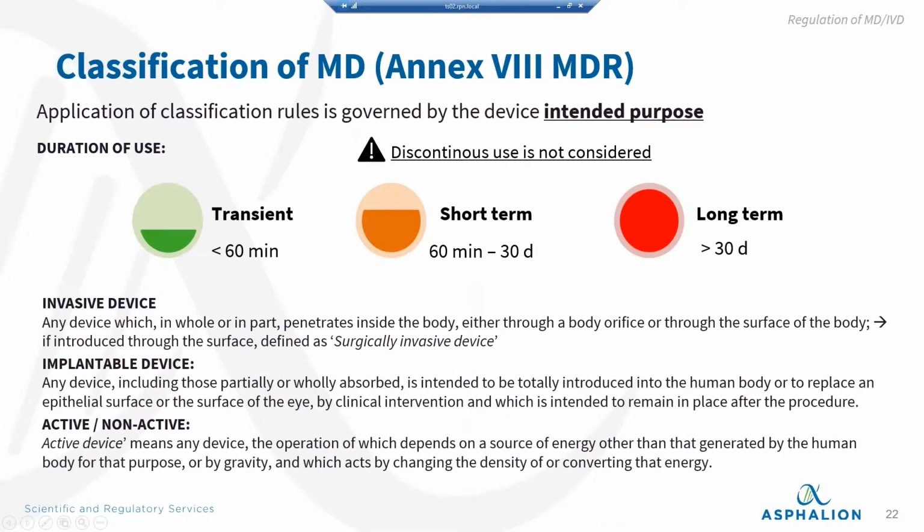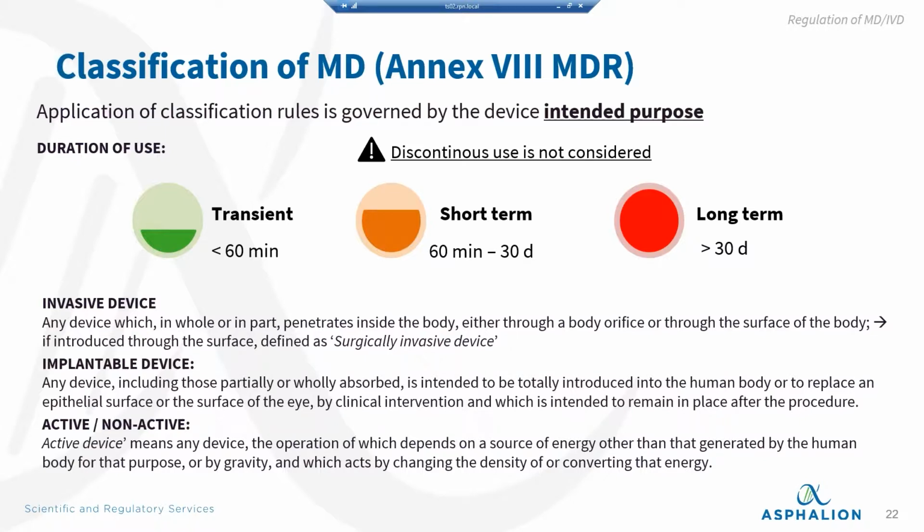So what are we going to do to classify a device? We have to define the intended purpose of the device and have several points clear. For instance, a very important one is the duration of use. This is very important to define if your device is going to be used transiently, for short term, or long term.